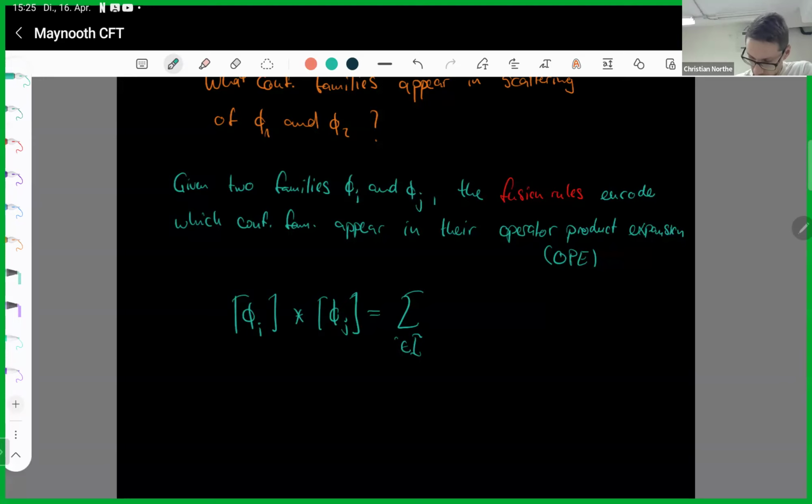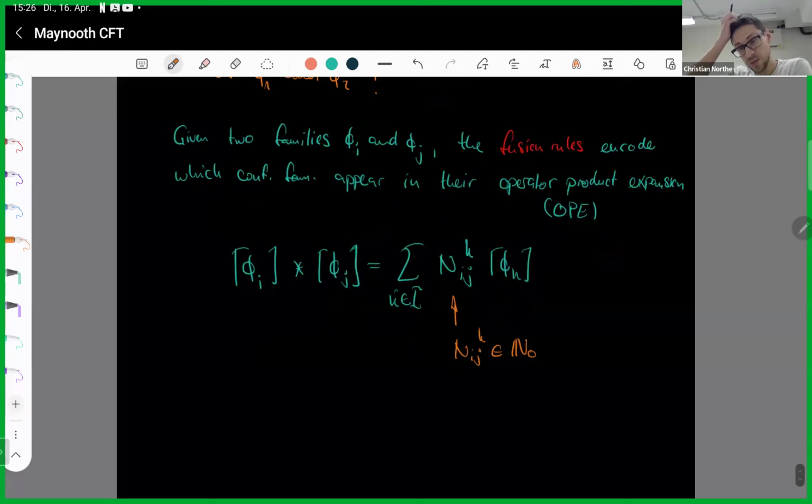I and j, and then here there is k, so N_ijk times phi k. These things here are integers. N_ijk is a positive integer. That really just means that it doesn't make sense that if I scatter phi1 and phi2 I get negative multiplicity of phi3. I always get a positive multiplicity.